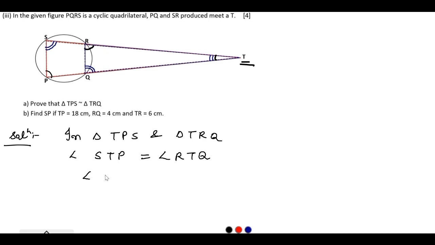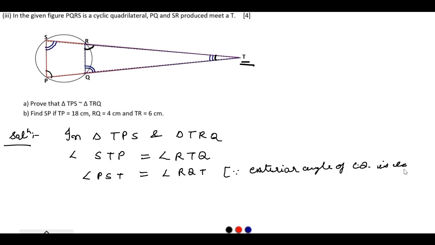Angle PST is equal to angle RQT because exterior angle of a cyclic quadrilateral is equal to its interior opposite angle.